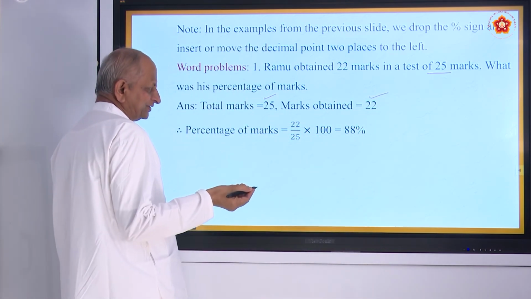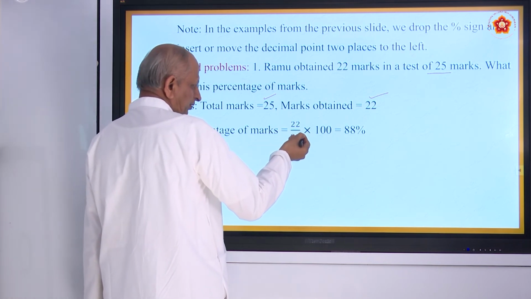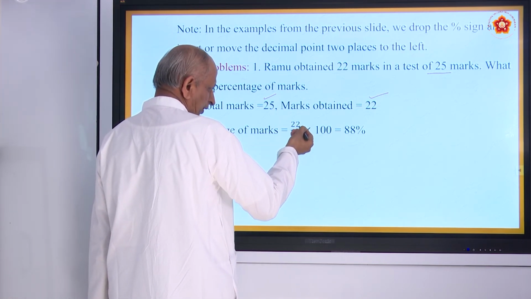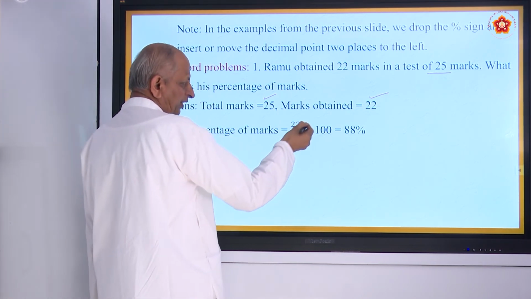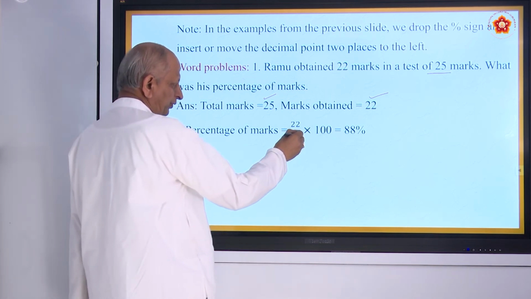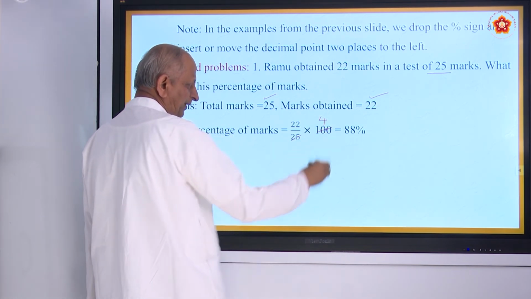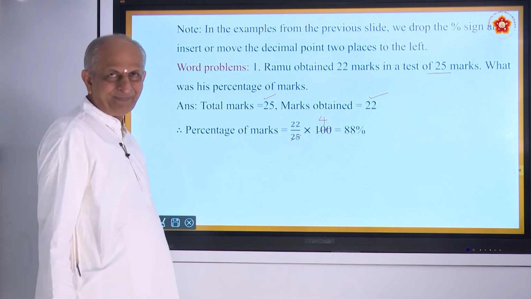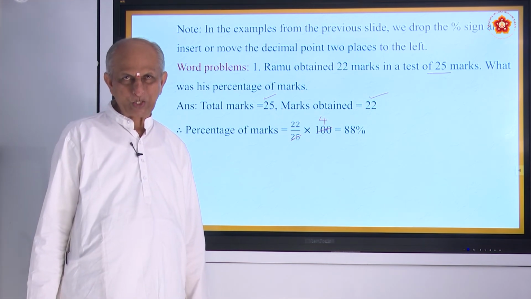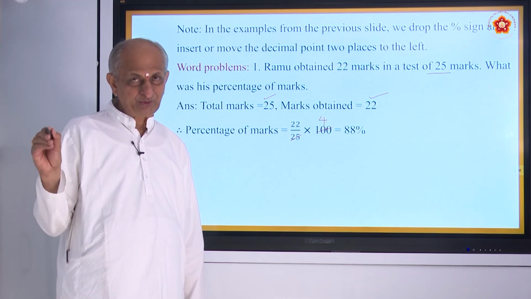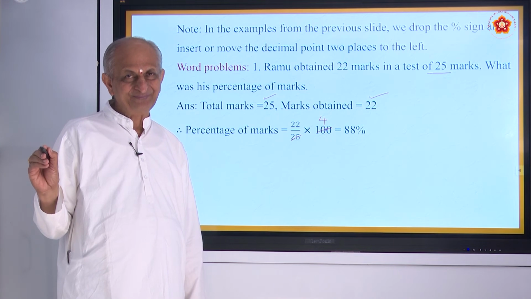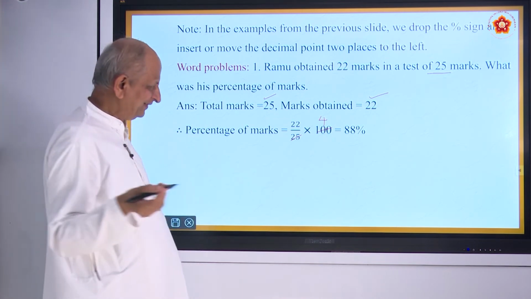How to do percentage? 22 out of 25 into 100. So 25 fours are 100, so 22 into 4 becomes 88%. Did you follow? Suppose you get 25 out of 25, what is the percentage? Come on, 100, is it not?